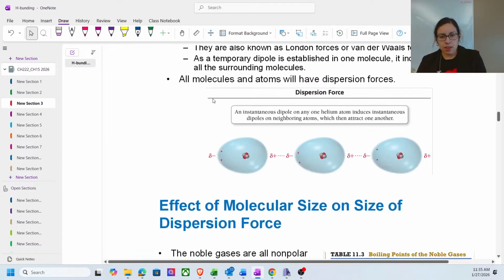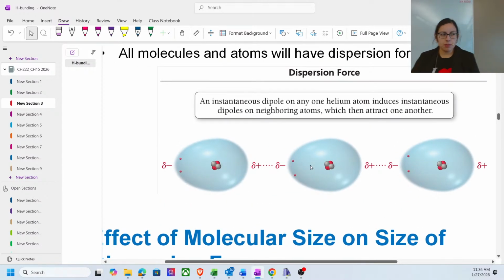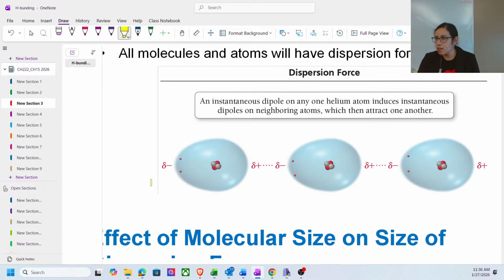And so let's look at that. I like this little picture. So it's basically saying, in this case, helium atoms, if we could just freeze them and take a snapshot, what if it just so happens that this helium has 2 electrons on the left side, so that creates our partial negative region.